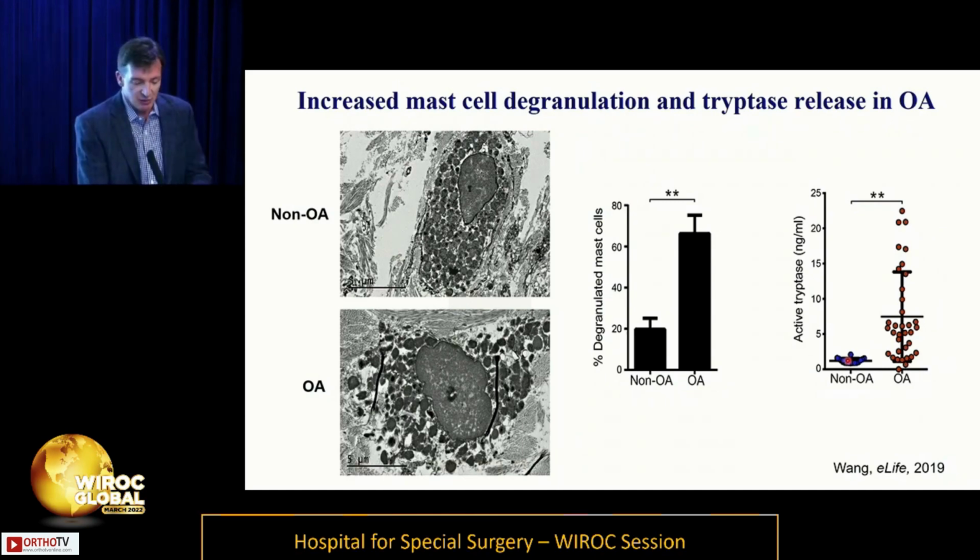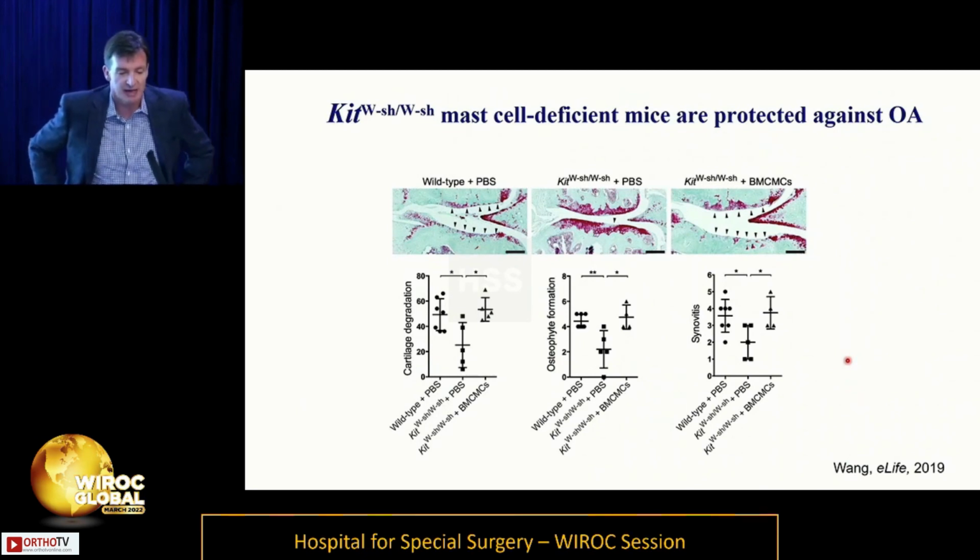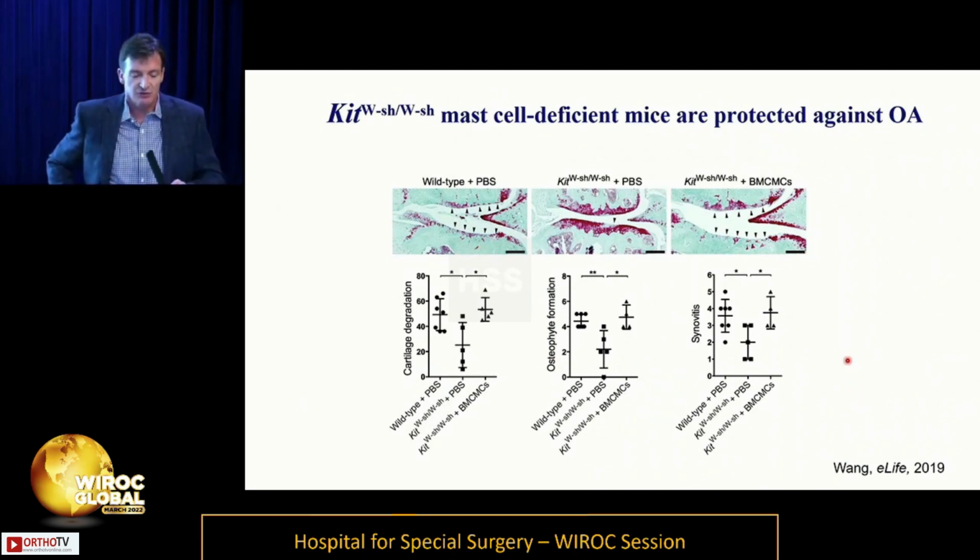And so we next worked with our collaborator, Steve Galley, the mast cell expert, and we did two different mast cell deficient lines. The first was the Kit-Wish mouse, and you can see here that when we take wild-type mice, they get bone-on-bone OA in the stifle joints, and here's the Kit-Wish deficient mouse, and the cartilage in the joint is largely protected, and we can then re-inject mast cells into the joint to reconstitute it, and if we do so, we restore the OA phenotype.